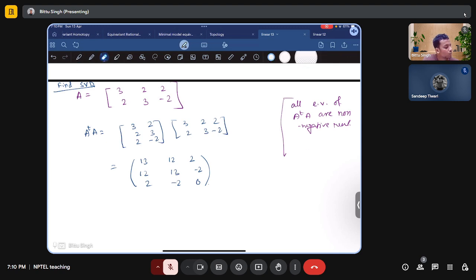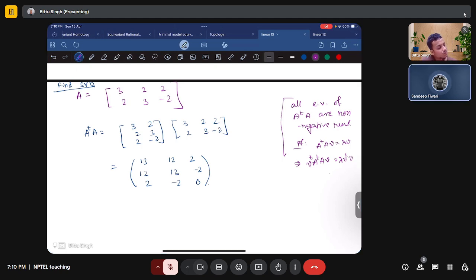The proof is also short. If V is an eigenvector, then A transpose A V equals lambda V, which implies V transpose A transpose A V is lambda V transpose V, right? But V transpose V is greater than or equal to 0.